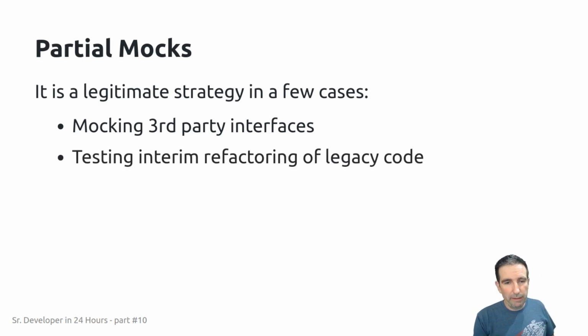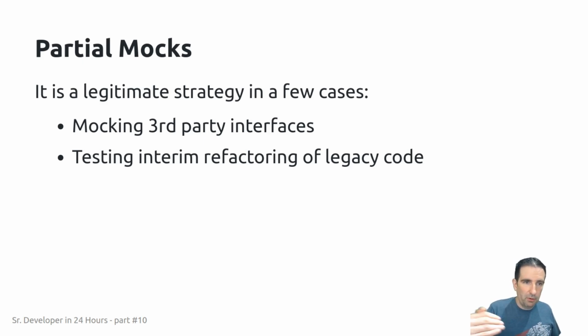Also, another big one is when we are testing code that we're in the process of refactoring. Sometimes, we inherit code that is legacy, doesn't have the best practices, doesn't have all of the testing that we want. Maybe it doesn't have any testing at all. So what do we want to do? We want to start writing some tests, start building up that test library so that we can make changes with more confidence.